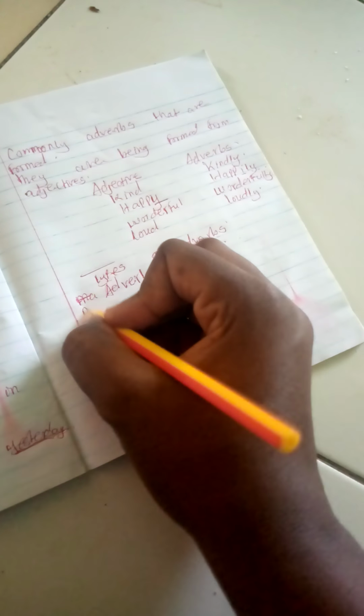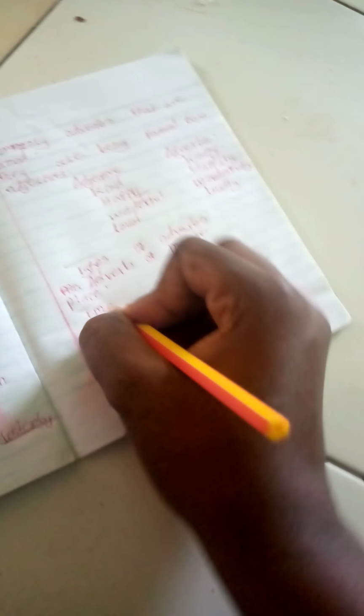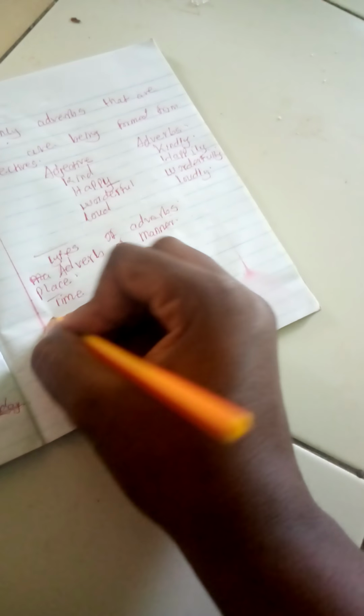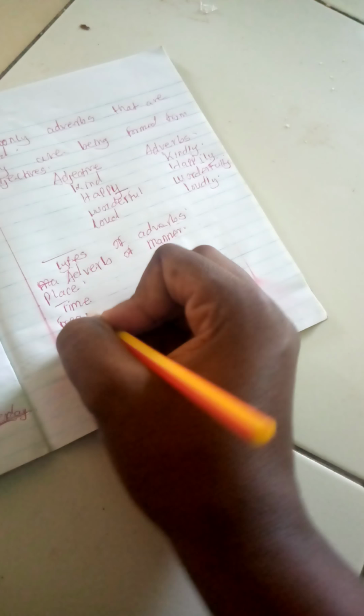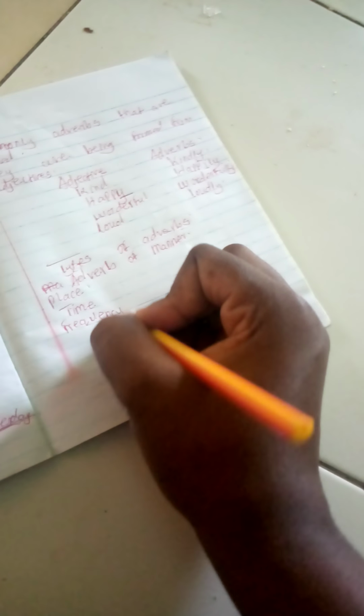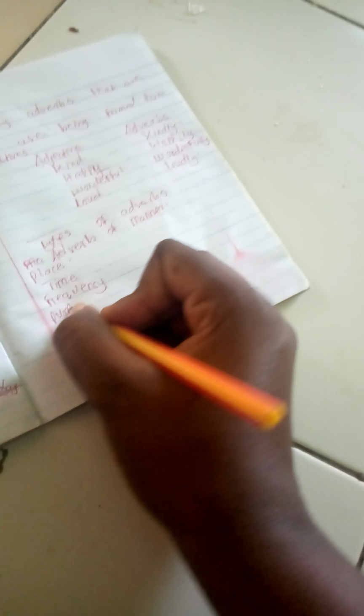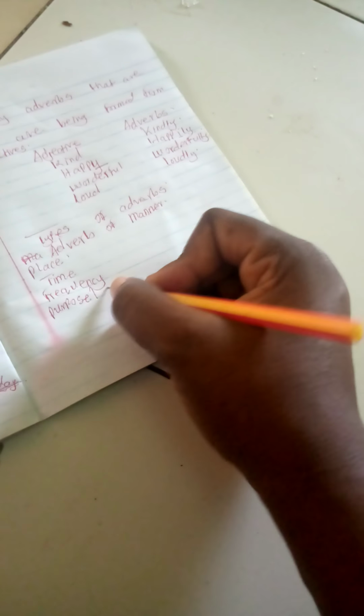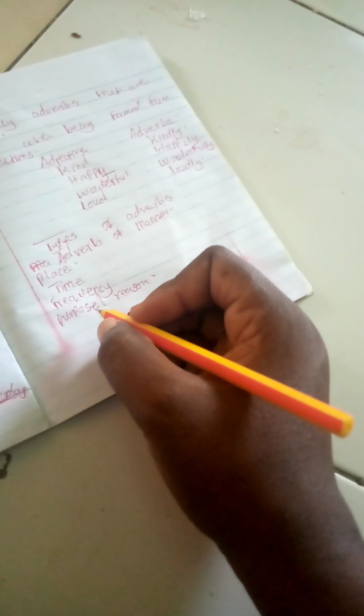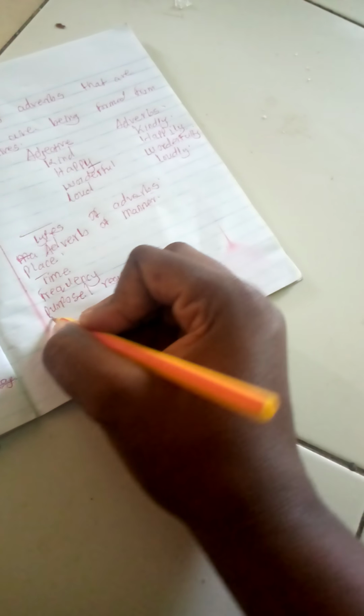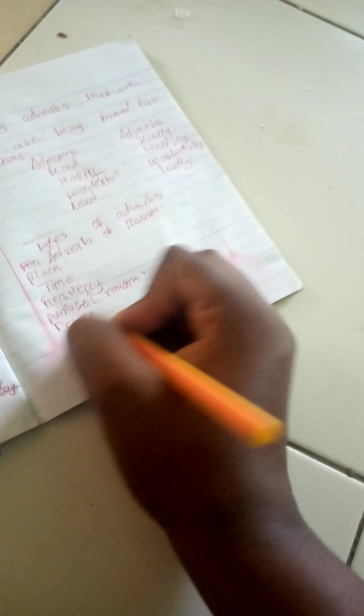We also have adverb of place. We also have adverb of time. Adverb of frequency. Adverb of purpose or reason. We also have adverb of degree. And then an adverb of affirmation or negation.